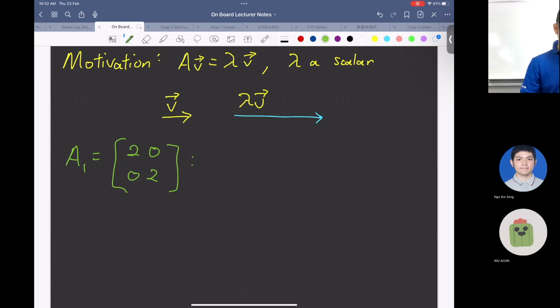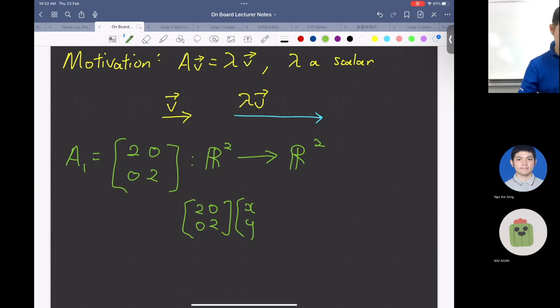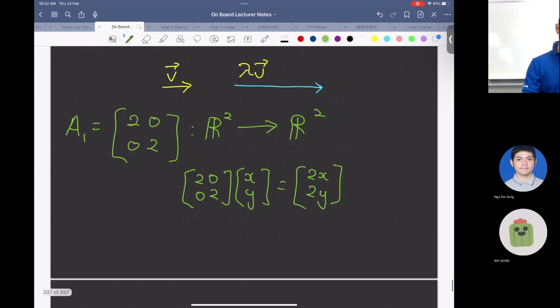This is a linear transformation from R2 to R2, because I feed in an R2, multiply with this matrix, and you give me an R2. What this matrix is doing is scaling both directions by 2. So inside R2, let me draw this, every vector becomes longer.